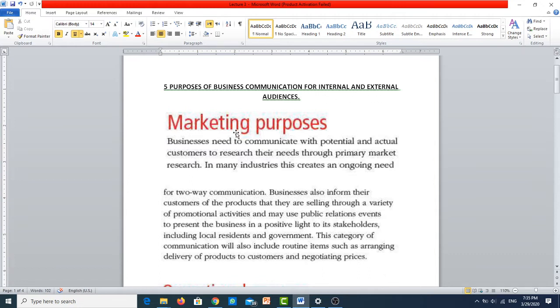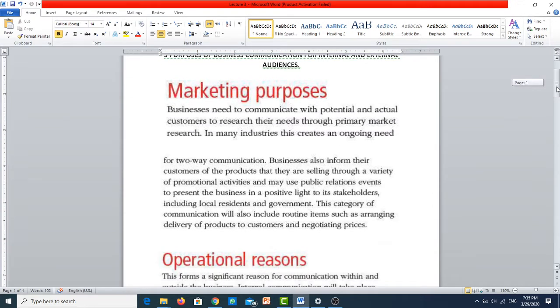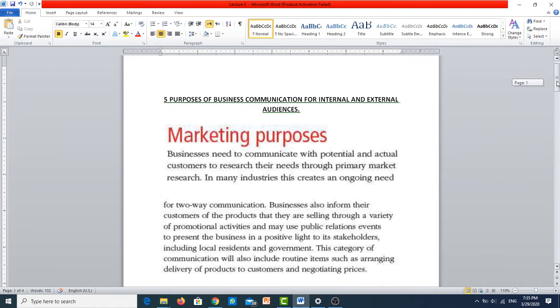So first of all, we have to discuss the marketing purpose. Why does the business communicate with different stakeholders, either internally or externally? These two words, internal communication and external communication, are broadly used in business communication.